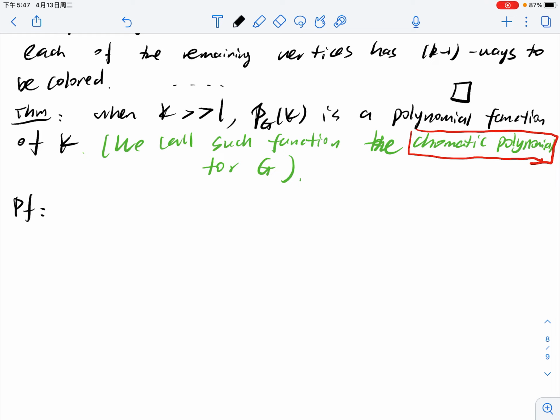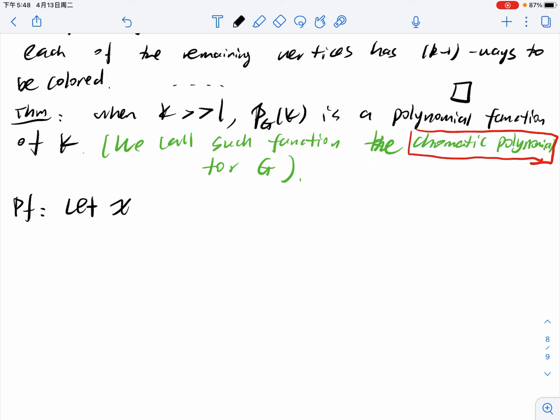In computer science, whenever you have polynomial growth over time, then you can see it is efficient. Okay, so the proof actually gives you an algorithm to compute it.